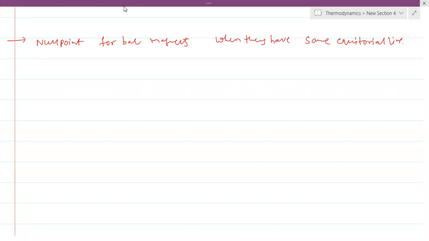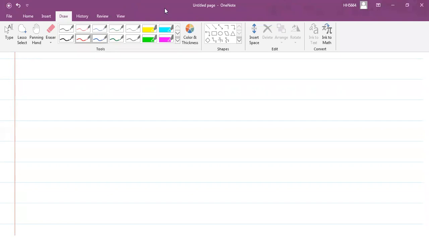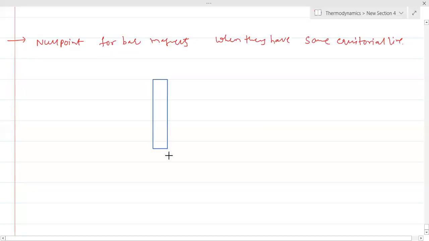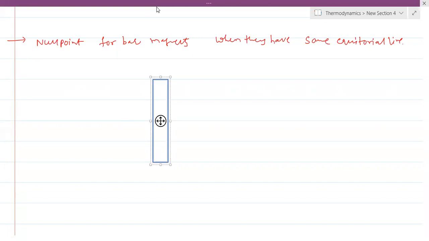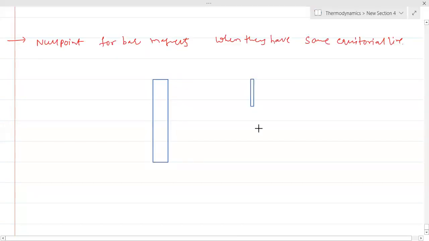For example, I'm taking two bar magnets here. This is one bar magnet and we are taking another bar magnet. They have a common equatorial line.